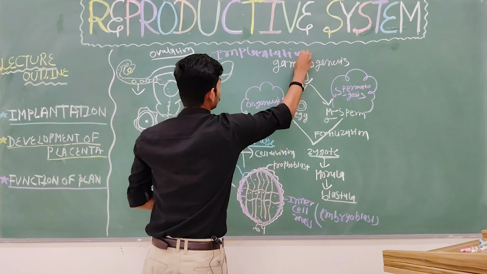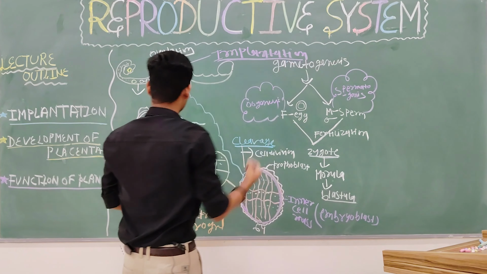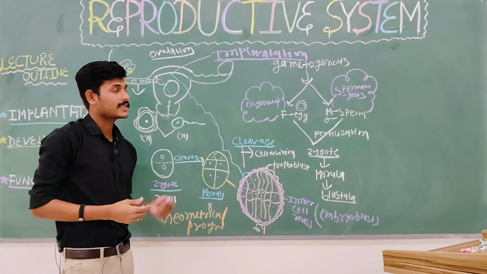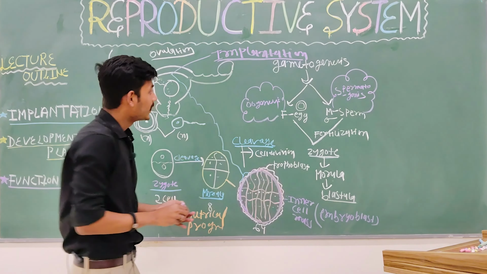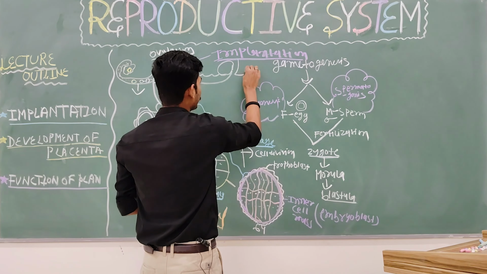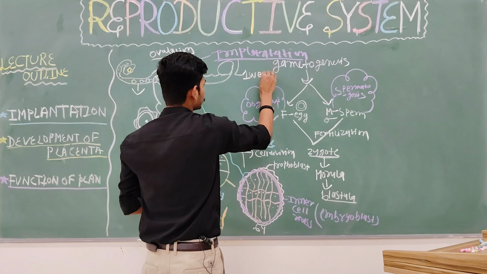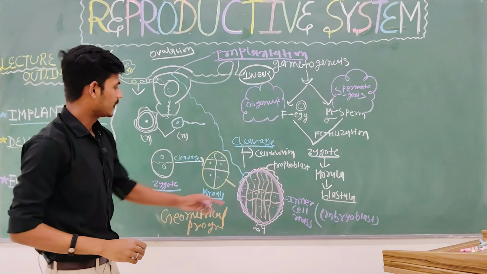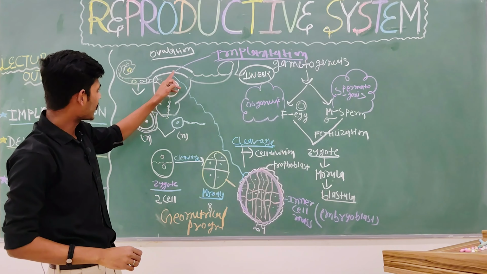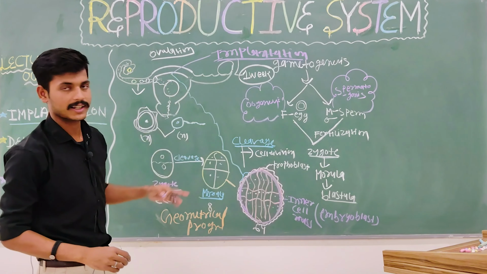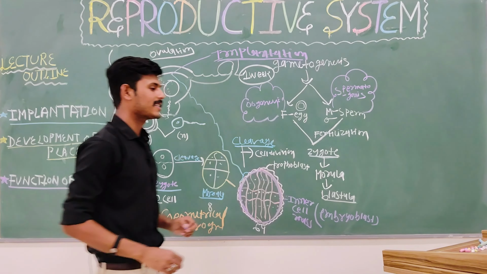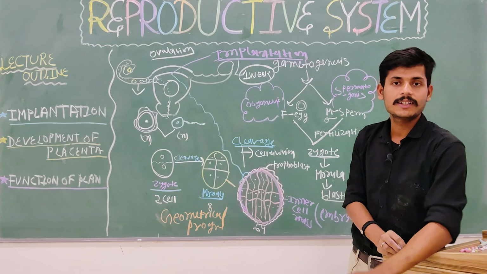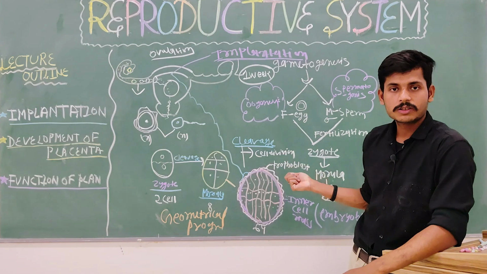Now you may be thinking, okay, fertilization happened, but after how many days does implantation happen? Remember, it happens 1 week after fertilization. After 1 week of fertilization, this blastocyst gets attached here. This process is referred to as implantation. Understood? No problem.